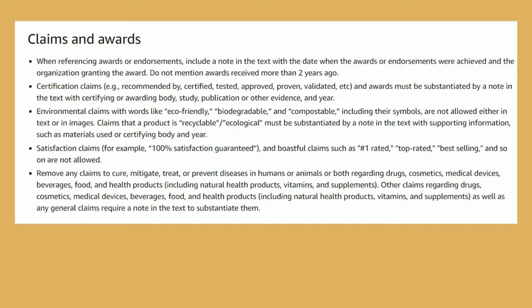Never ever use this type of words when you are creating A plus content. Also, do not use satisfaction claims like 100% satisfaction guaranteed and boastful claims such as number 1 rated, top rated, best selling. This type of thing is not allowed on Amazon when you are creating A plus content.